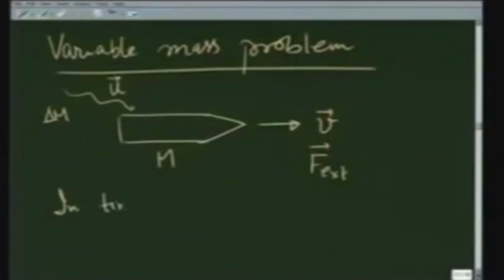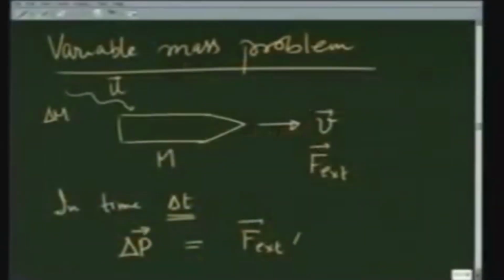In time delta t, therefore, the momentum change of the entire system is going to be equal to F external times delta t. Let us see what the momentum change of the entire system is.